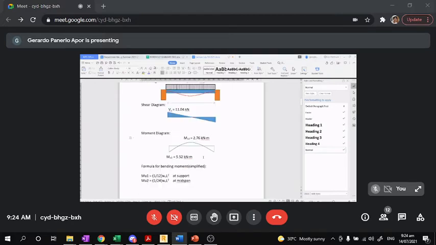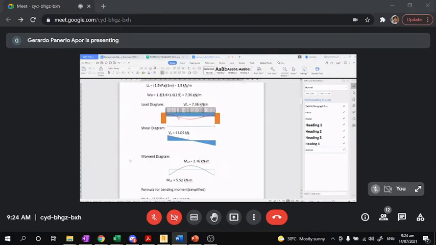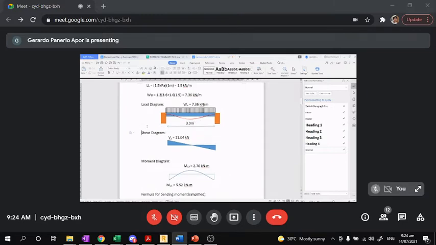Sir, where is the 11.04 from, sir? Okay. So how do you calculate the shear if the load is 7.36 and this is 3.0? I will ask you, this is a theory of structures. How do you calculate the shear?